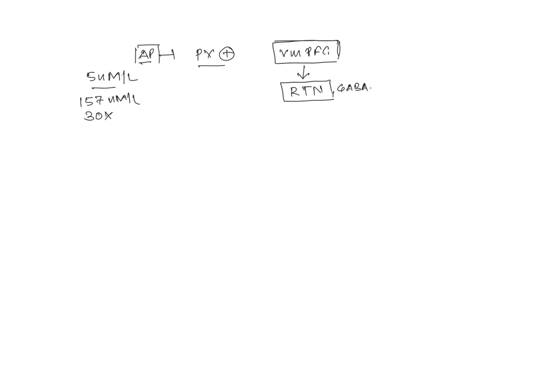So this is GABAergic in nature, the reticular thalamic nucleus. What it does is it usually puts a brake on the midline thalamic nucleus, which are glutaminergic in nature. Okay.